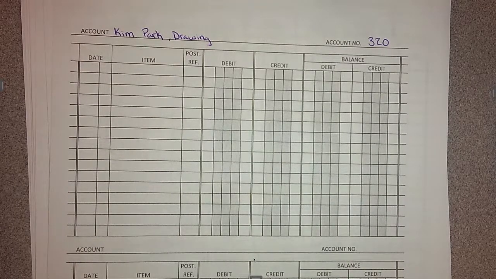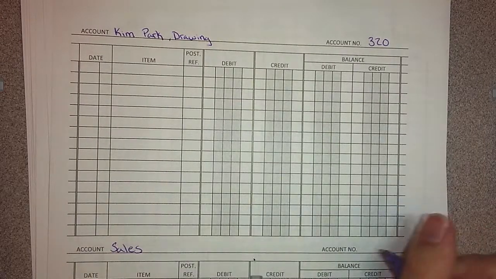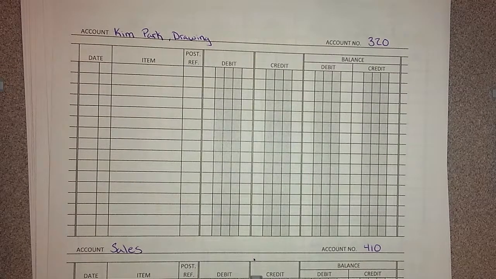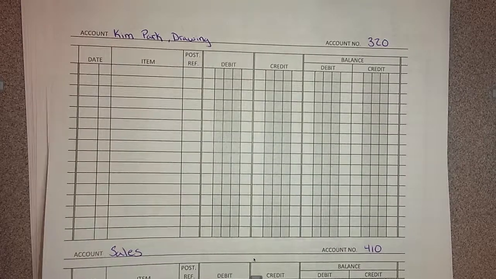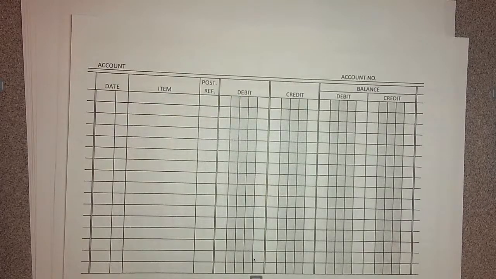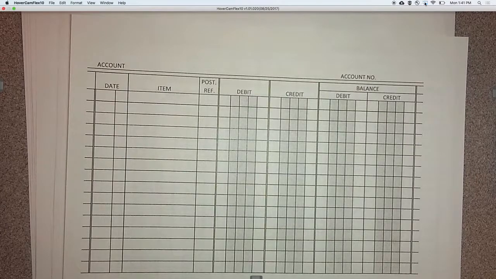So then we have sales, which is 410. And then the expenses, and you're done. If you need to finish the expenses tomorrow, that's fine.